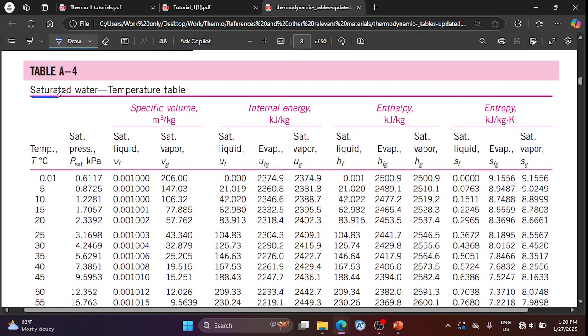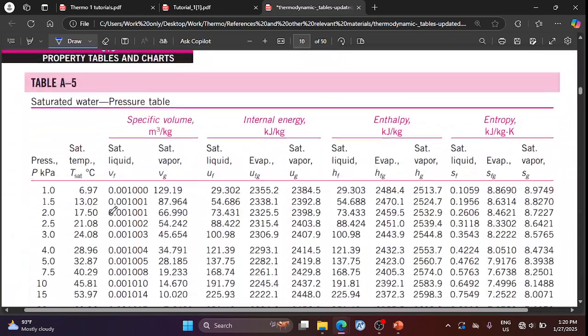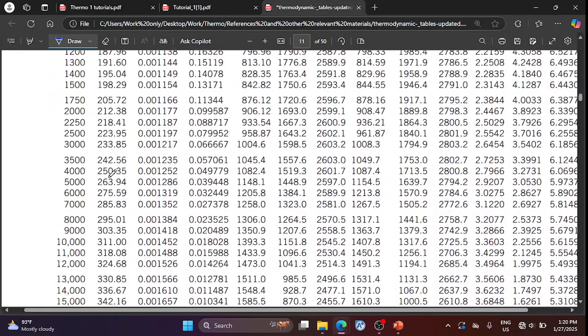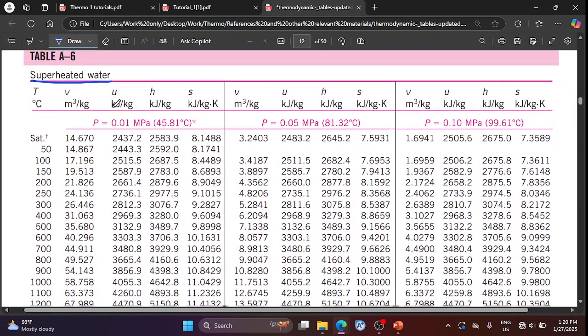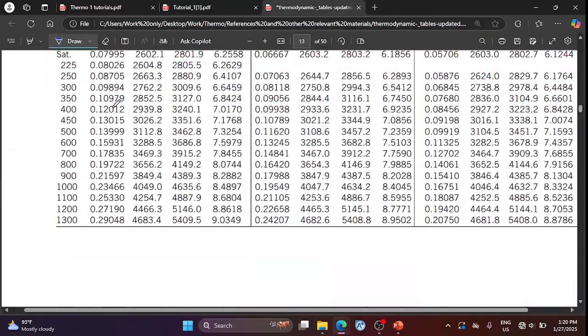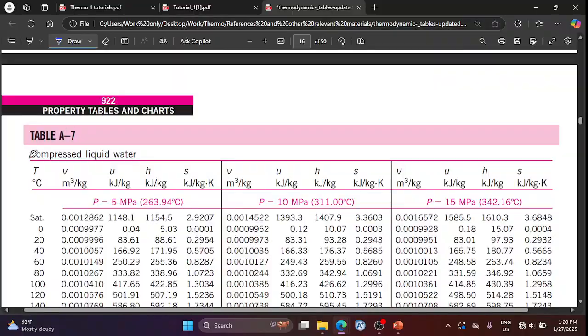We have the one for saturated water, one for superheated steam, so that's here, superheated water or steam. Then we have one for compressed water, so that's down here, compressed liquid water.